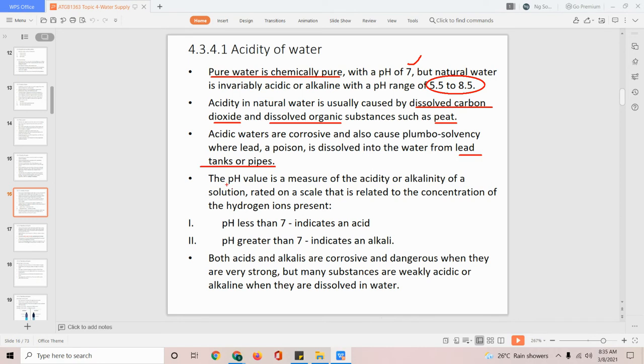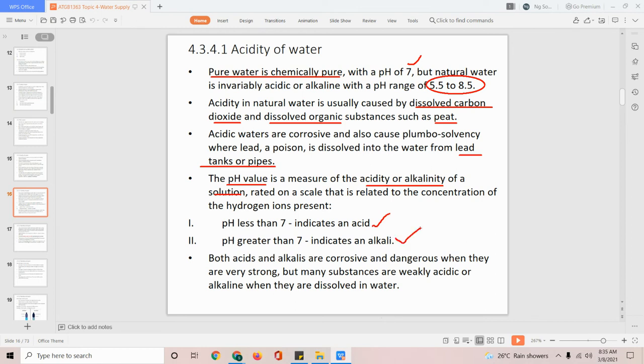So this pH value is just a measure of acidity and alkalinity of a solution. Basically, it means if you are more than 7 or less than 7, then it is either acid or alkaline. So we do not want it to have a too high or too low value.